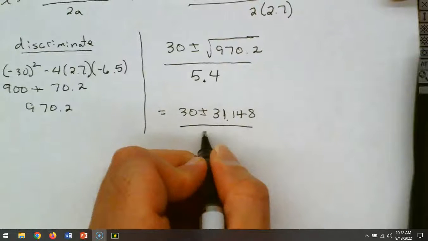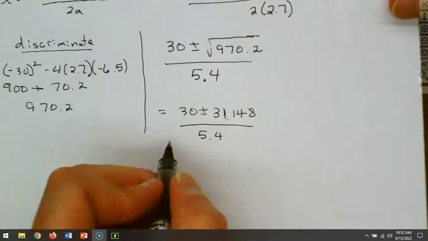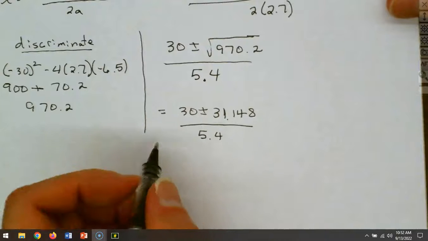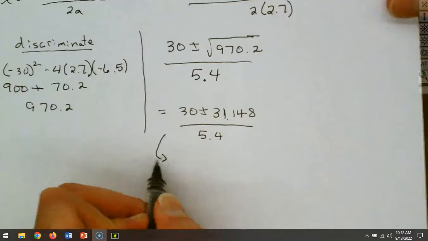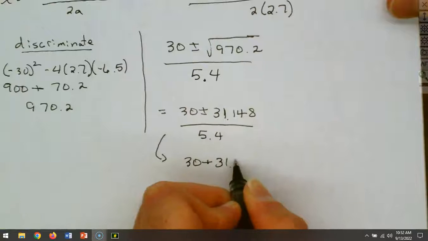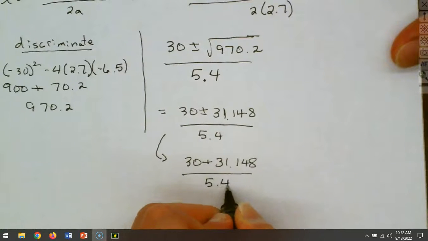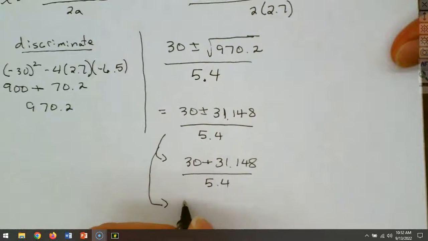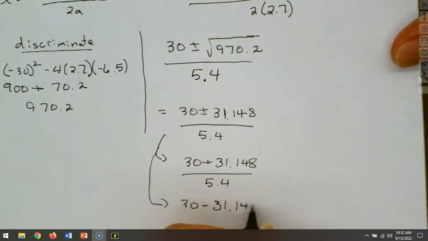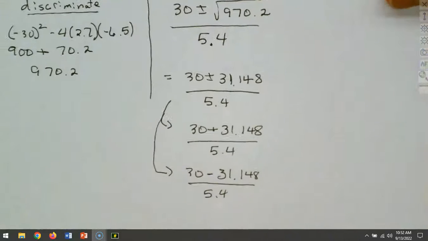Over 5.4. We're going to get two solutions, but only one of them is going to make sense. So we've got 30 plus 31.148 over 5.4. And the other one is 30 minus 31.148 over your 5.4.